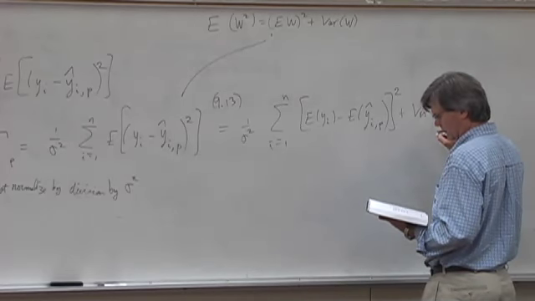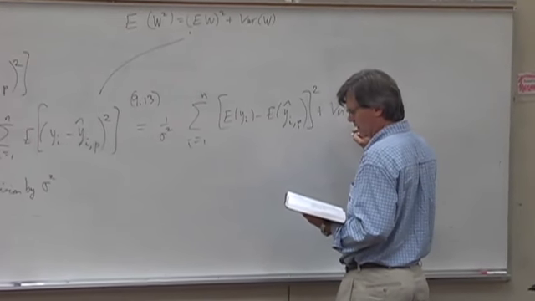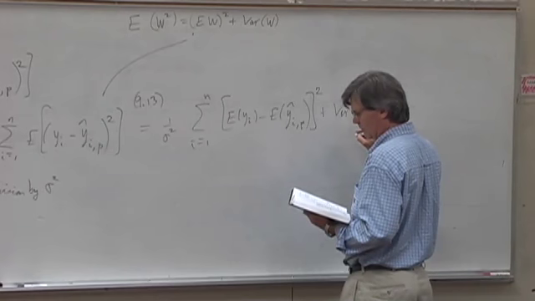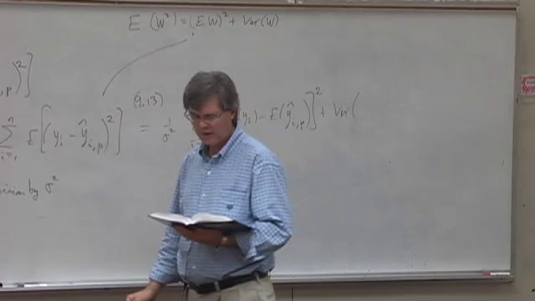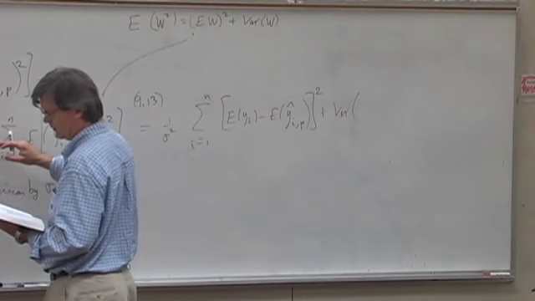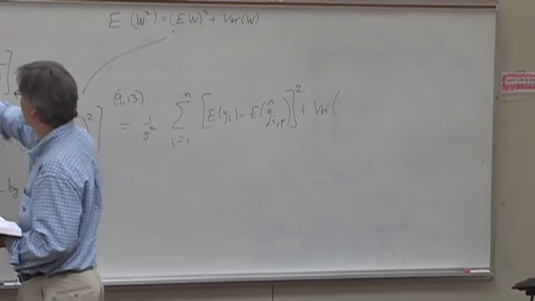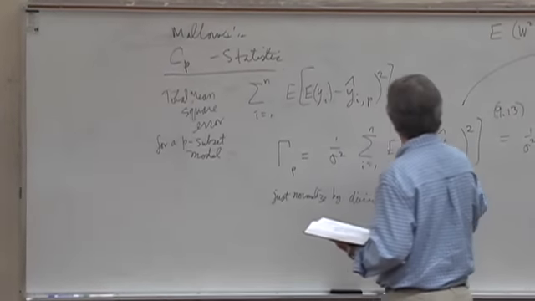What am I doing here? Oh, I see. He's got something tricky. Oh, I see what he's done. Oh, I'm sorry, this is not correct. He wants E(Yi) here. So this is a little bit different.